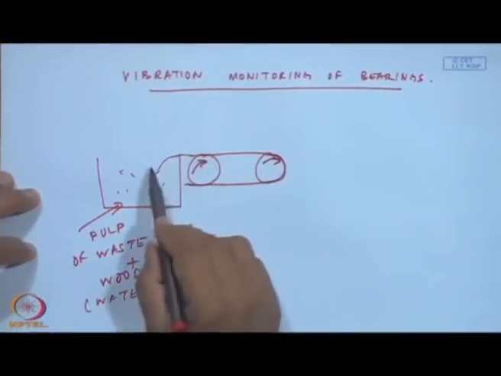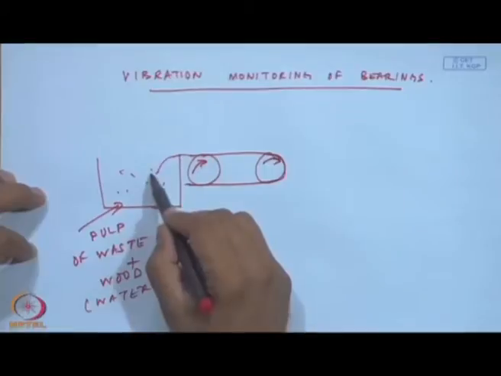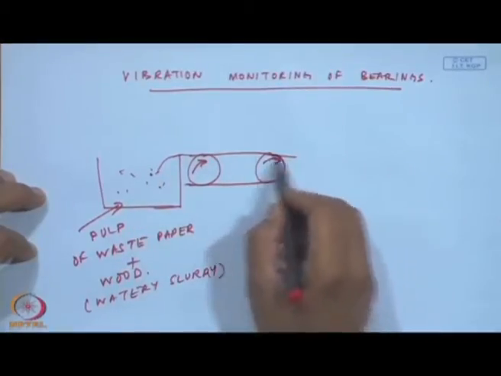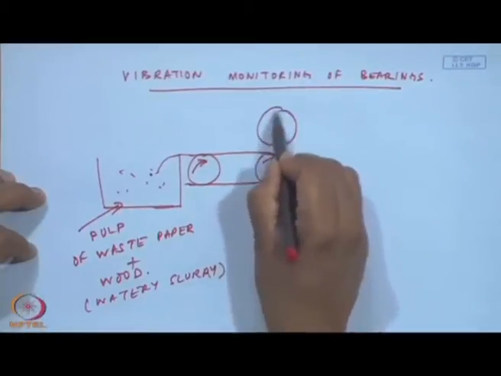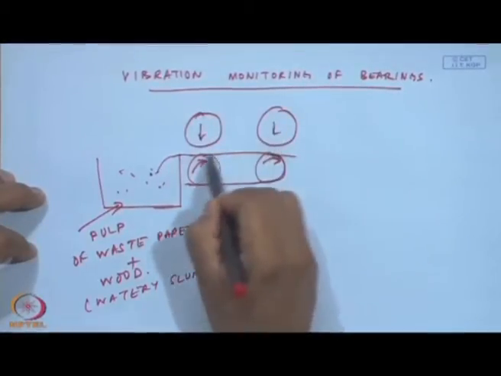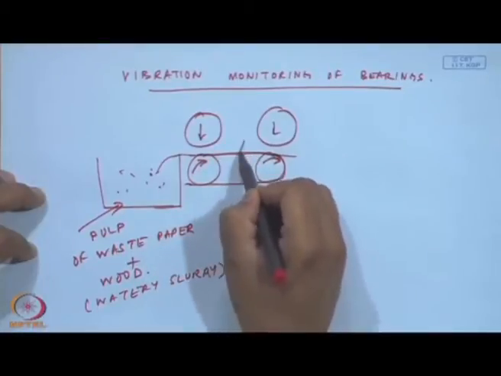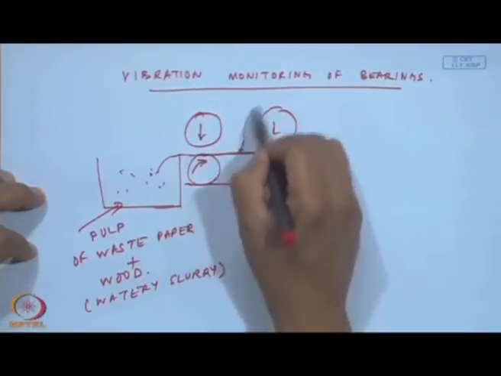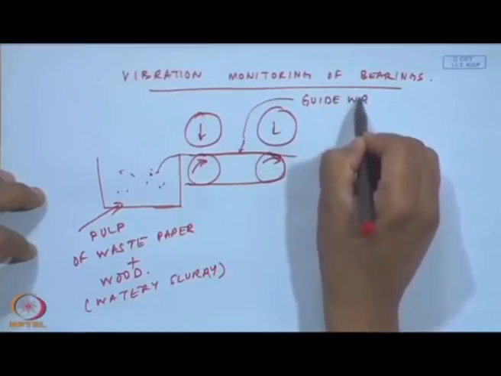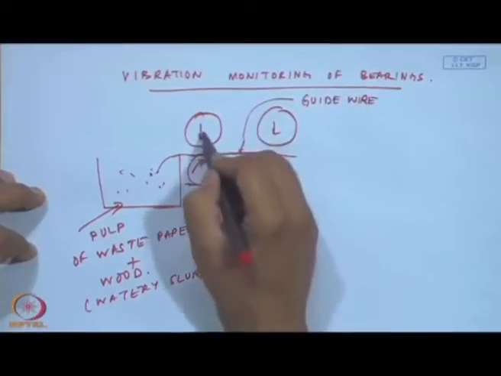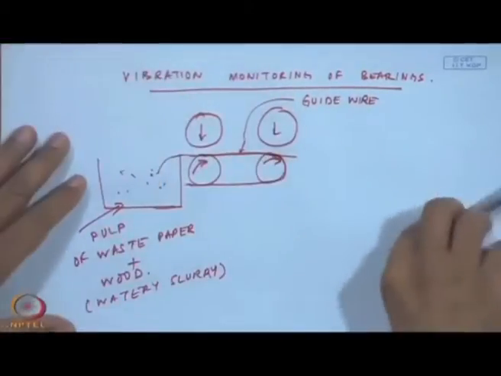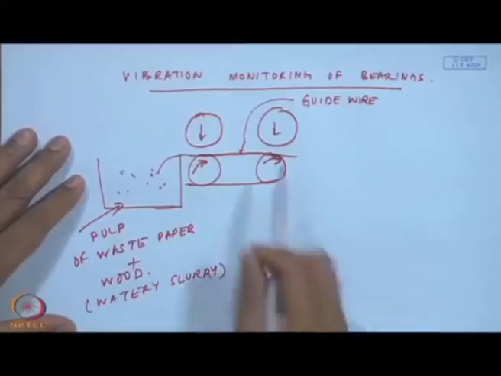Because there is a lot of water, this has to be pressed by heavy rolls, and then there has to be a guide wire. These rolls have to press against it as if you are squeezing the water out of it, and there will be a lot of water getting collected.